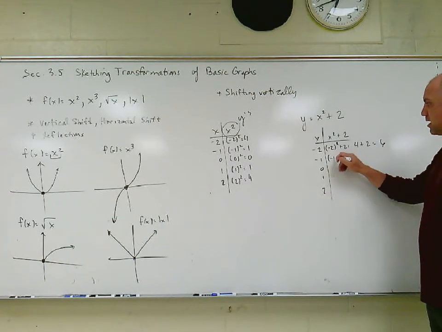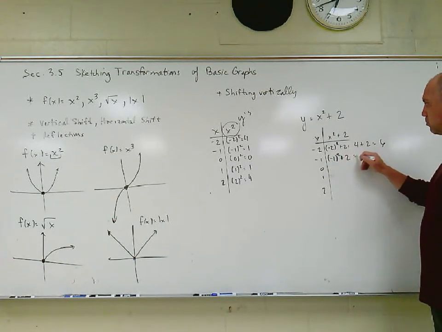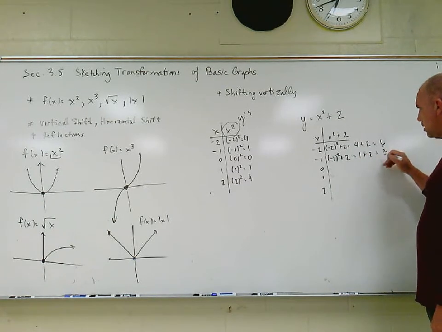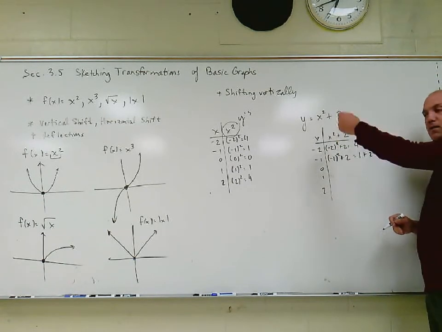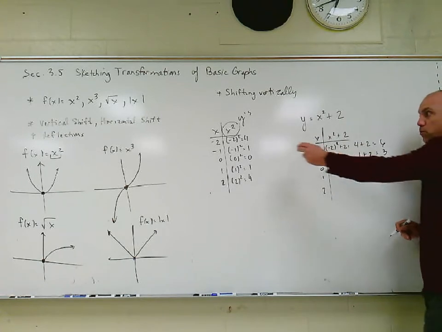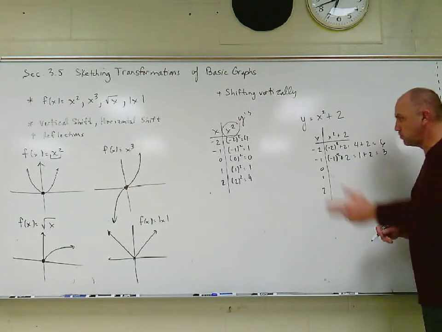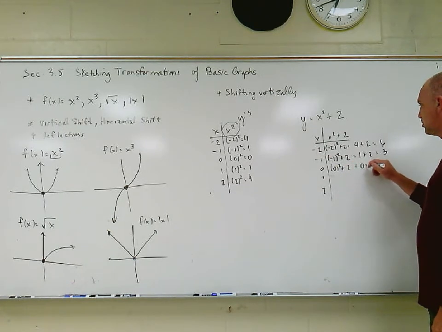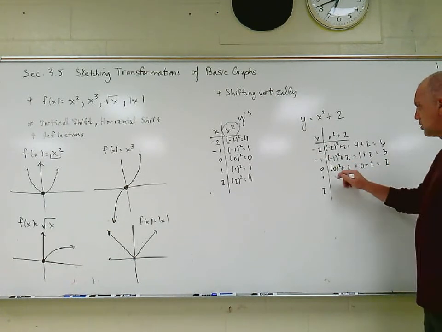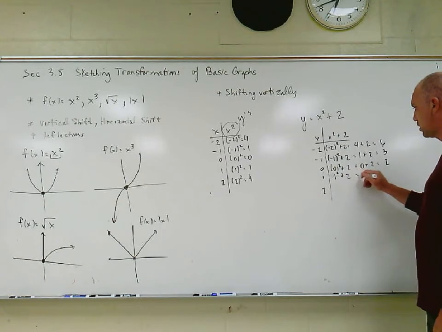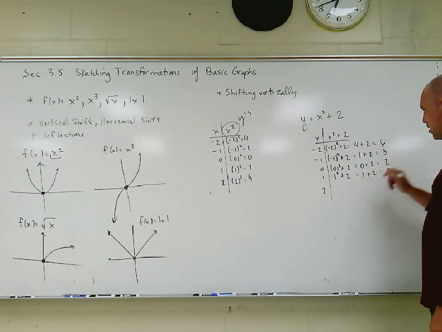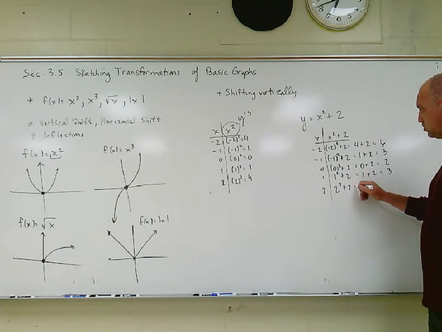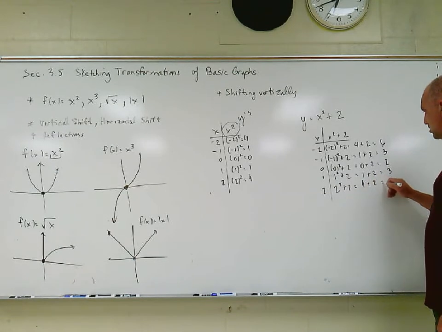When I plug in a -1, I get 1 plus 2, which is 3. So I'm still squaring, and this 4 and 1 were the y's on the original. 0 squared plus 2, we get 0 plus 2, 2. 1 squared plus 2, we get 1 plus 2, 3. And 2 squared plus 2, 4 plus 2, which is 6.